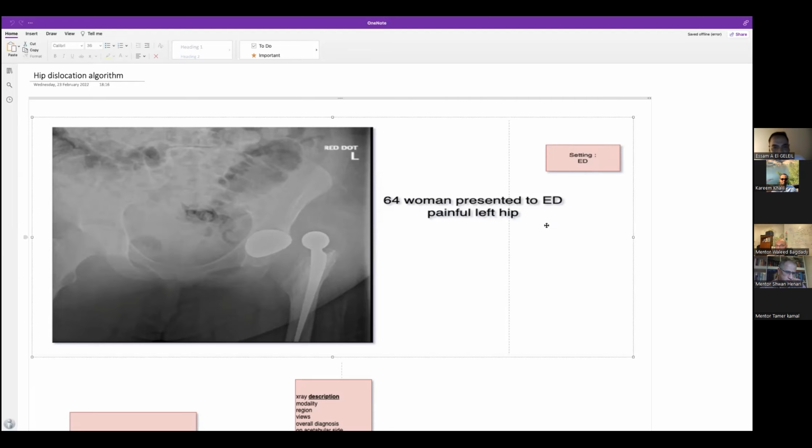First, I'd like to describe this AP radiograph of a skeletally mature female showing a completely dislocated left total hip replacement. I'd like to ask questions about the history.